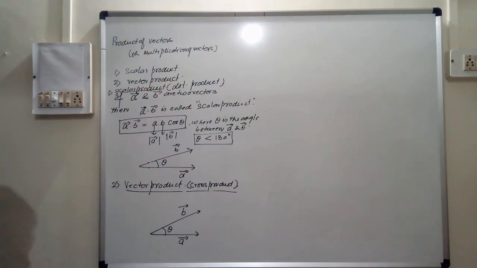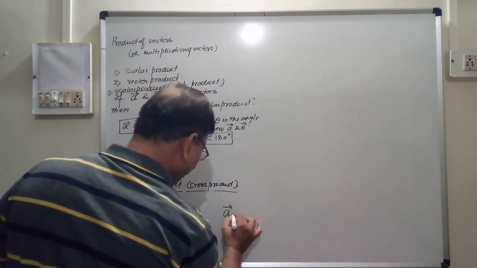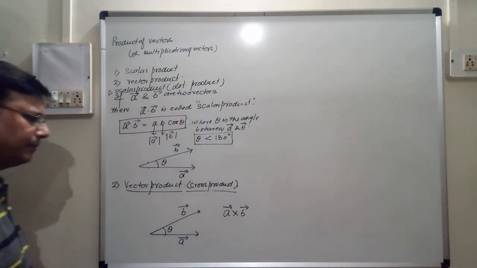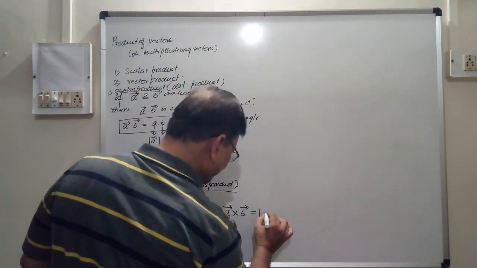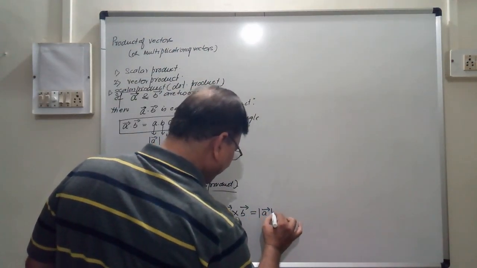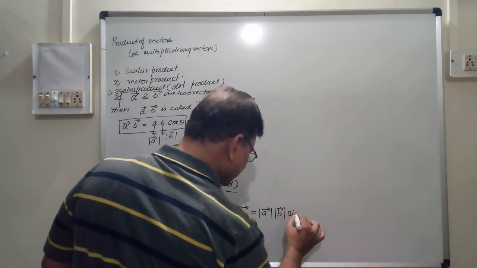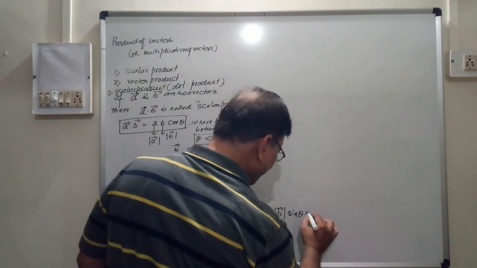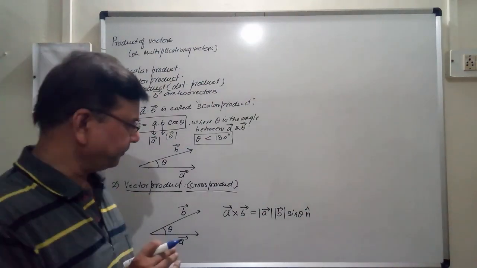So cross product is represented as A cross B, right, is equal to the magnitude of vector A into magnitude of vector B, and this is sine theta, and one unit vector I put. Understand this, it is very important.